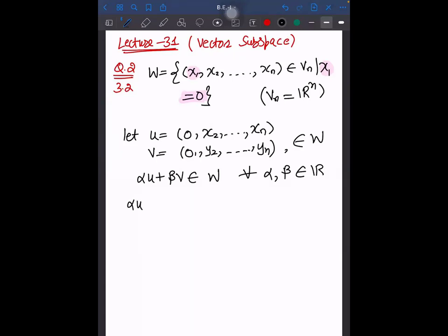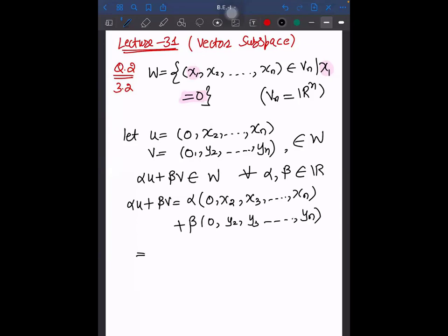If you take alpha u plus beta v, that will be alpha times (0, x2, x3, and so on up to xn) plus beta times (0, y2, y3, up to yn). If this alpha gets multiplied with this 0, this will be 0.